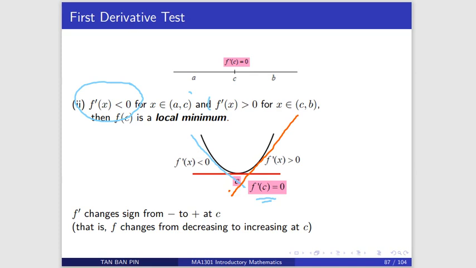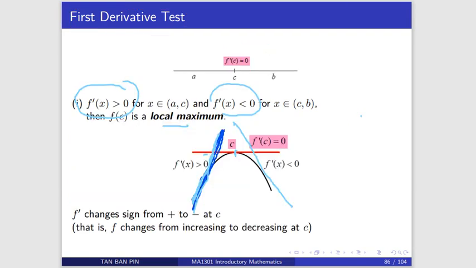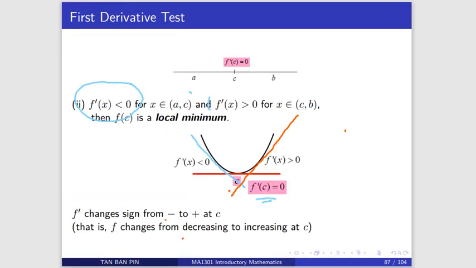So f prime changes sign from negative to positive. So that's how you have the two conclusions here. If f prime changes sign from positive to negative, local maximum. If f prime changes from negative to positive, local minimum. And you can use this to test for local maximum and local minimum points.